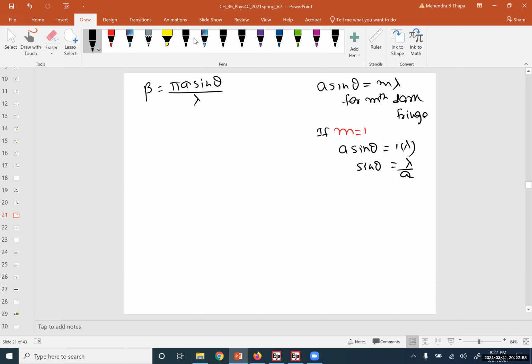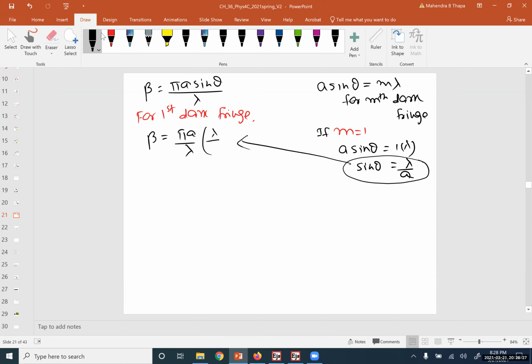So for the first dark fringe, we can write this value beta will be pi times a over lambda, and this sine theta could be replaced by lambda over a. If you simplify further, the a cancels out, lambda cancels out. So in this case, beta equals pi.